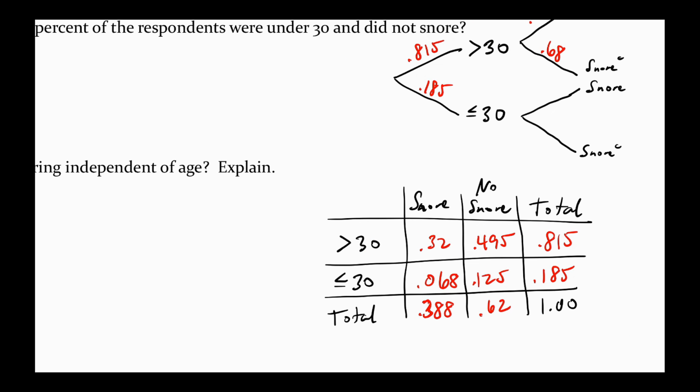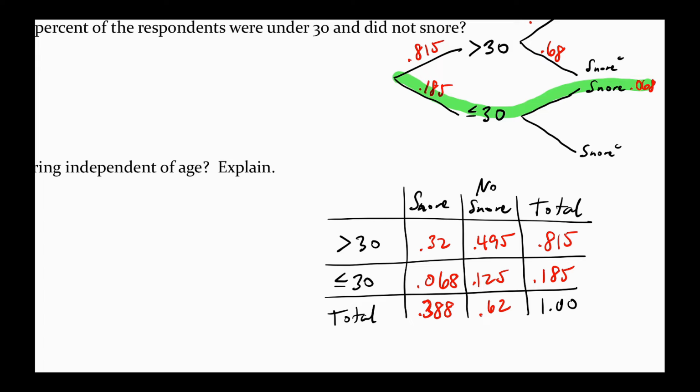So watch, let me say it again. To get this answer here, that is going to be the same as this answer here. We know the answer. For snores and less than or equal to 30, that number is 0.068. There you go. That's what we're going to do.